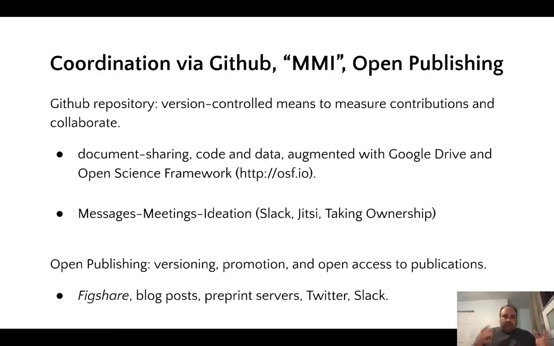So we have a GitHub repository, we have a GitHub organization, and this allows us to measure contributions and collaborate in a version-controlled manner. We can make pull requests, we can edit documents, we can put them into the public eye, and we can put archives on GitHub. And it's all very nice and quantitative, and it allows us to interact publicly. So it's all transparent as well.